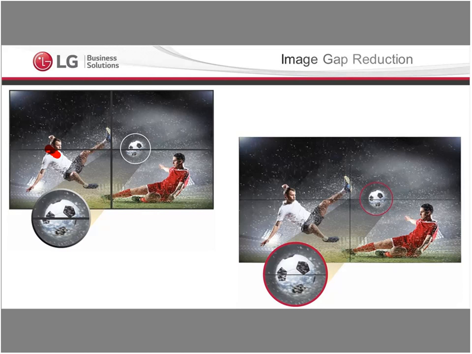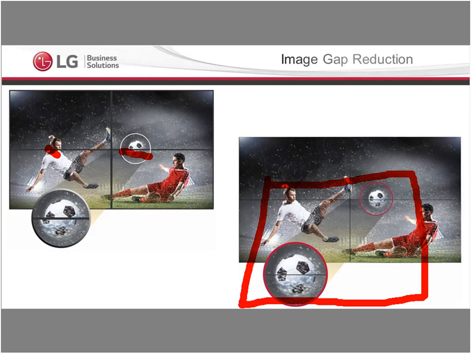As you see here, maybe I shouldn't have chosen this type of color, separating things, but you have the different images that are separating. However, with our product, it keeps everything whole, as you see here. Even as it goes from one panel to the next panel, everything will stay together.